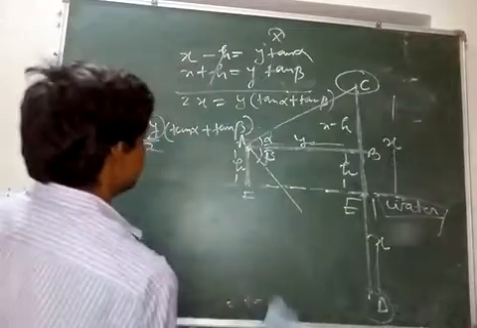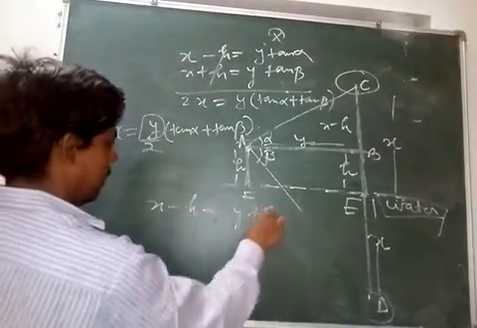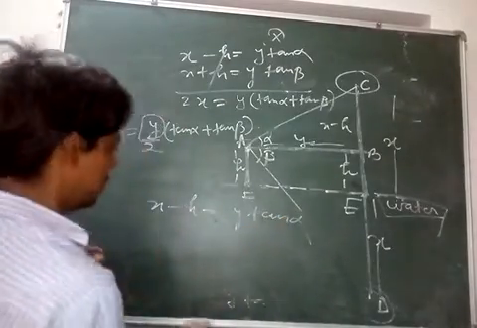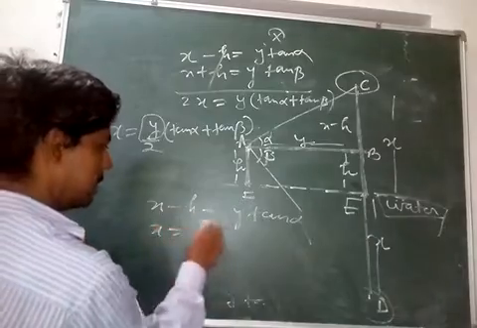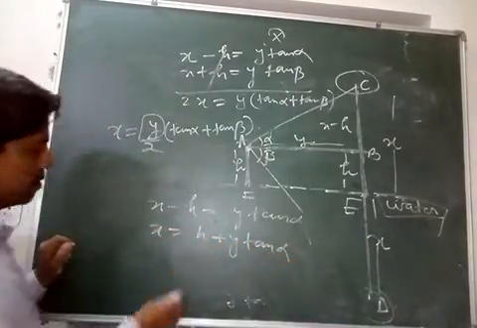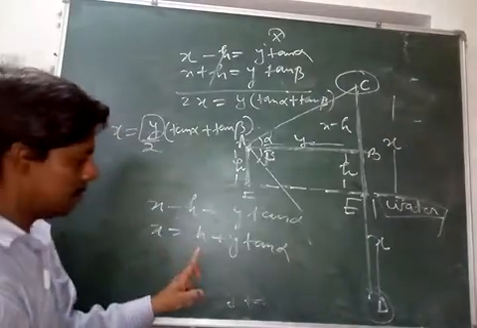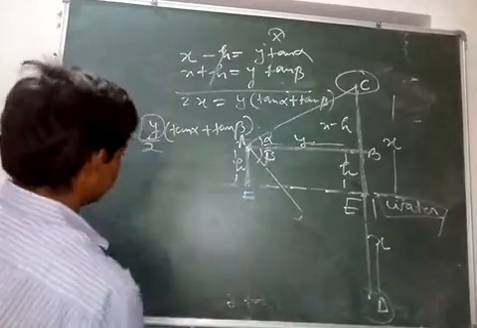Again we look at the first equation. It says x minus h is equal to y tan alpha. So we can write x is equal to h plus y tan alpha. This is also x, and this is also x, so we have to equate the two.